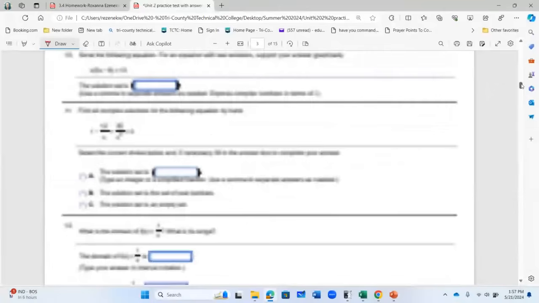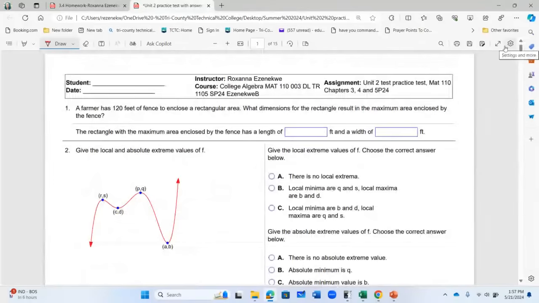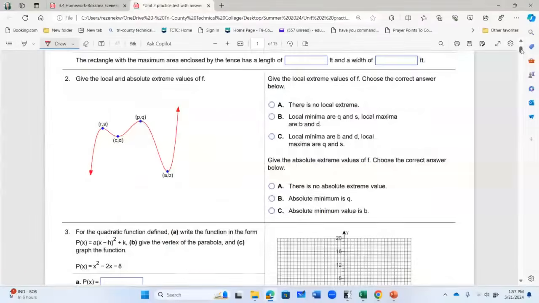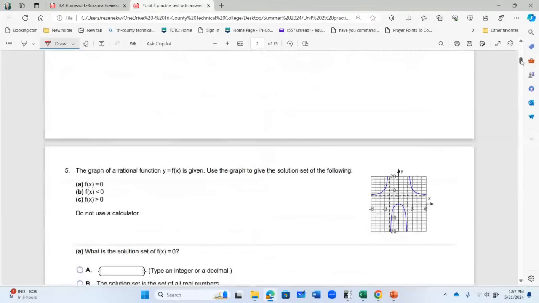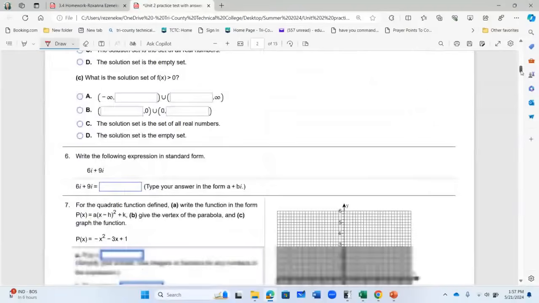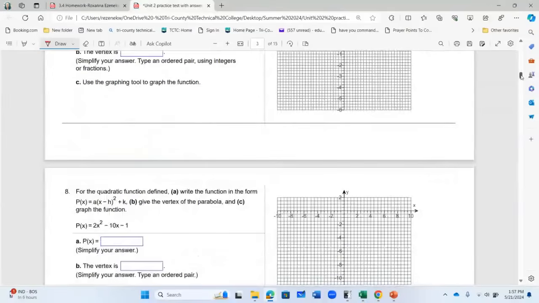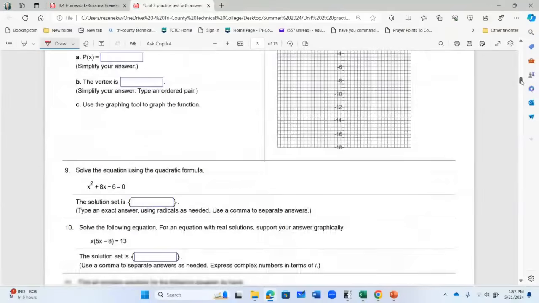The next time we come in here, we go to 3.5, where we shall be talking about polynomial applications, the Pythagorean theorem, and complex numbers. Now that we have done the quadratic functions, next class will be applications.